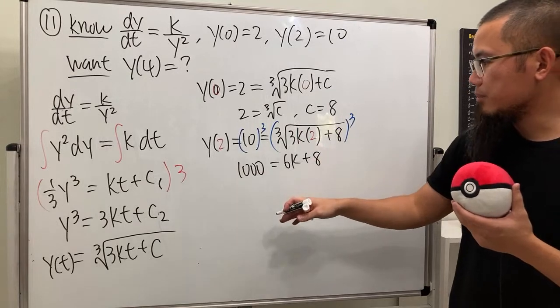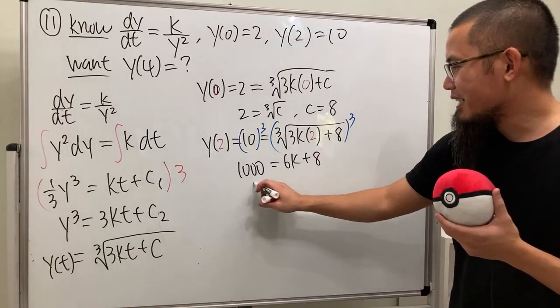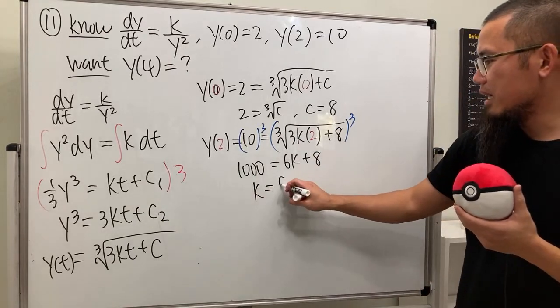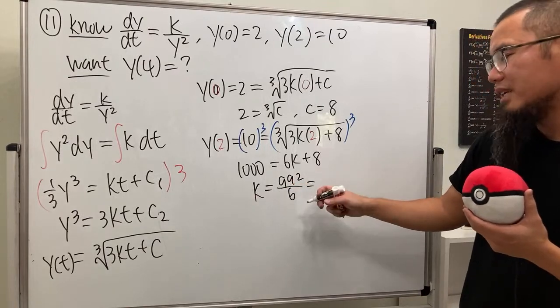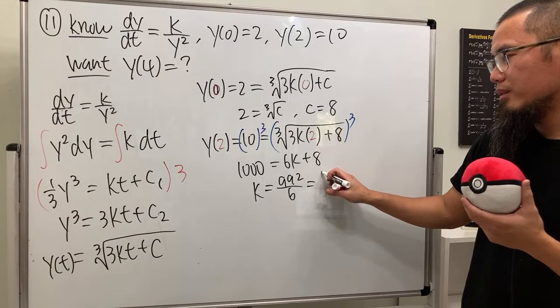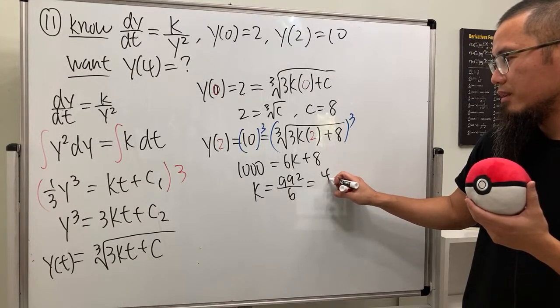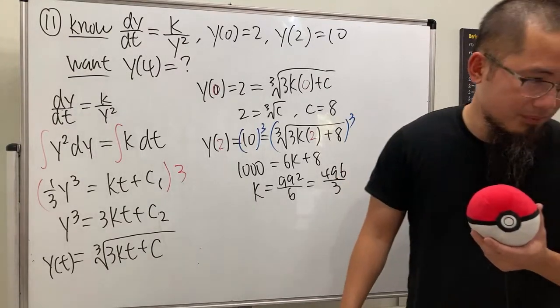Then minus 8 on both sides, and k is equal to, why did I make the number so big? I don't know why. It's 992 divided by 6. Can we reduce? Yeah, by 2. We get 496 over 3. Yeah, should be like this, right?